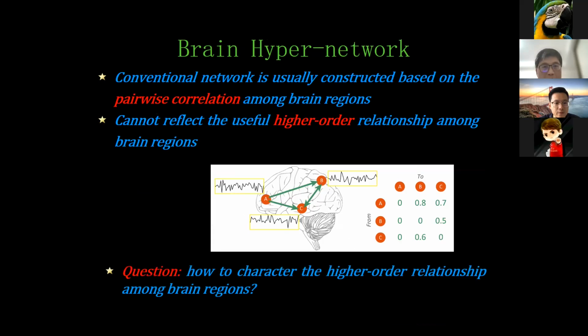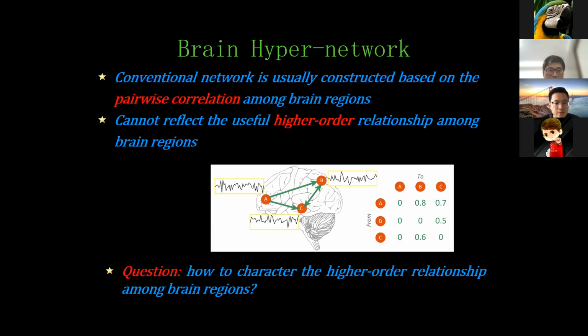And another topic is how to construct the brain network. For example, we can use the Pearson correlation to construct a functional network from the functional MRI.